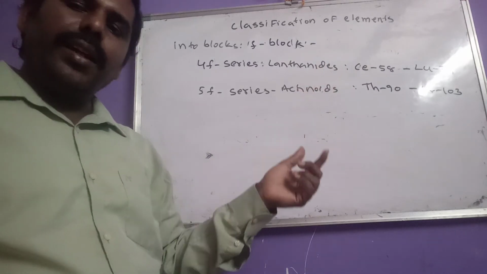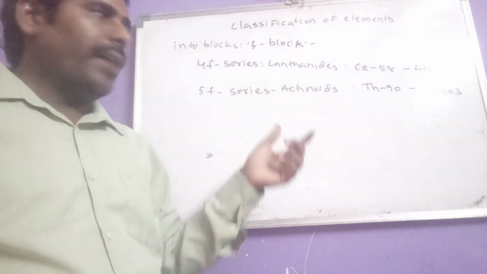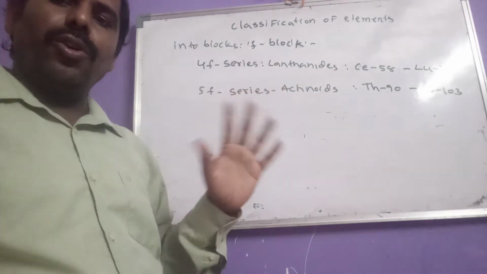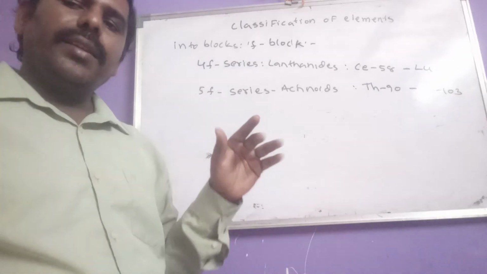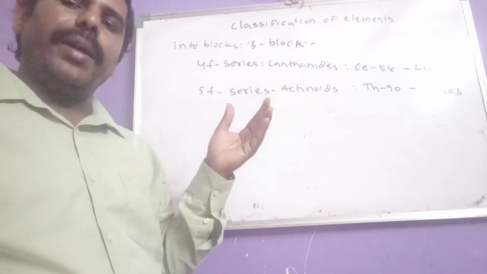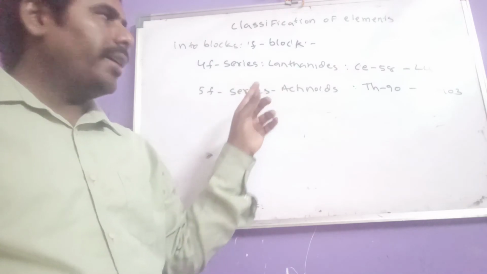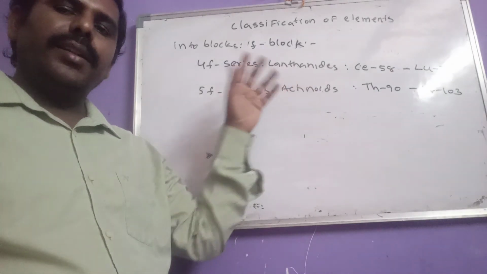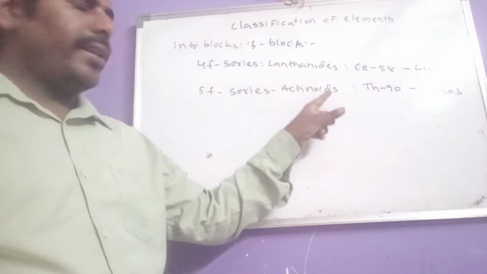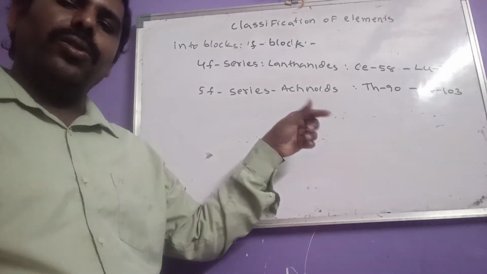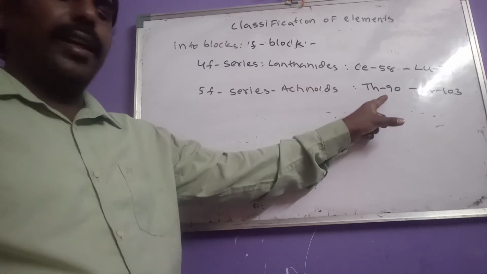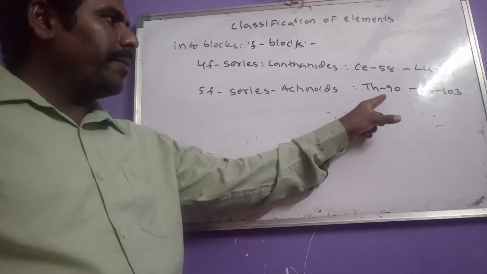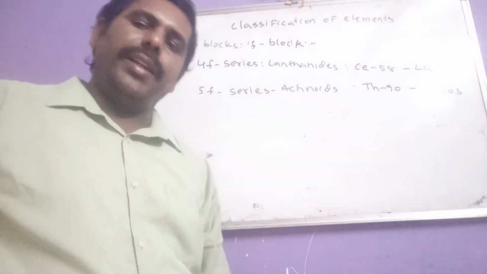Does lanthanum 57 come under lanthanides? No. Lanthanum 57 is a d block element, not coming under lanthanides. Similarly, actinium 89 also does not belong to actinides. The first element in actinides is thorium 90.